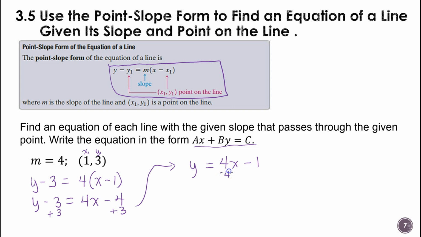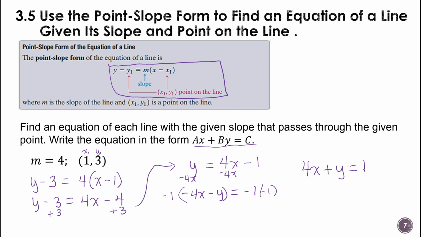So I'm going to subtract 4x. And that's going to give me negative 4x minus y equals negative 1. Now in standard form, the leading term, the x term, can't be negative. So we're actually going to multiply everything by negative 1 to write standard form. So we end up with 4x plus y equals 1.